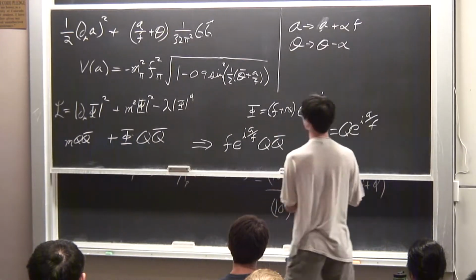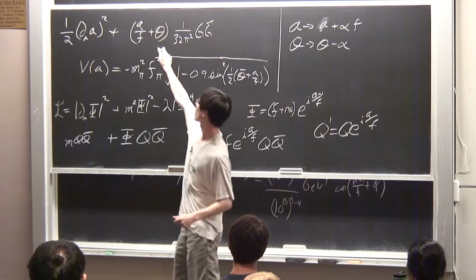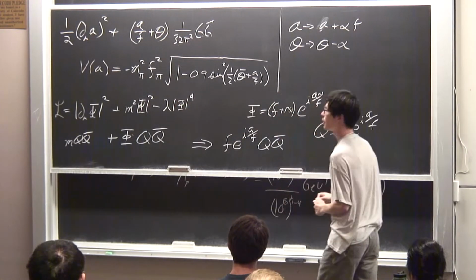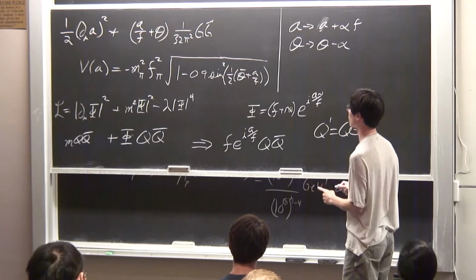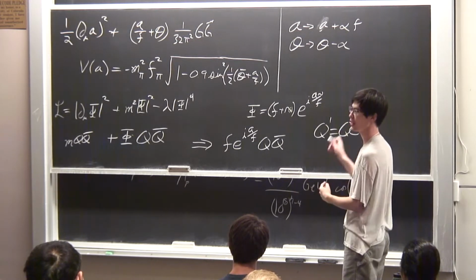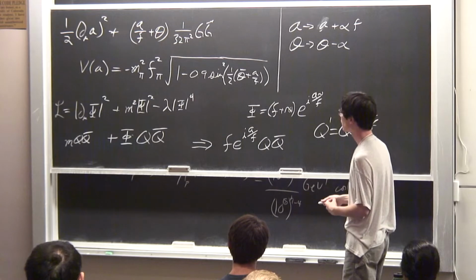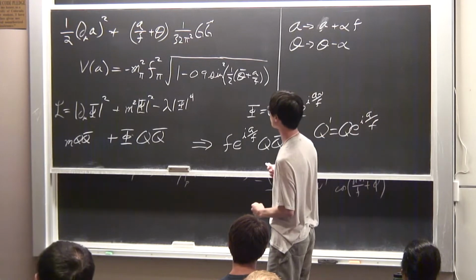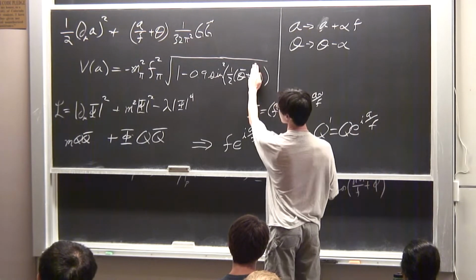So the statement is, you'll notice that A over F always appears with theta here. In the first lecture, we basically did not put in the axion and just studied QCD. And we found that the potential energy of QCD was this number here.